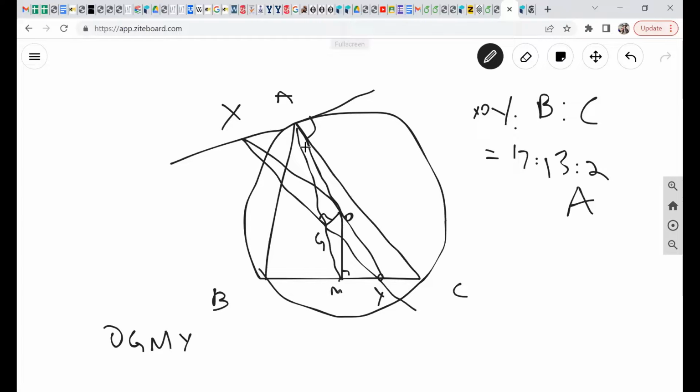And similarly, since this is a right angle and this right angle, OGXA is cyclic. So that means that this angle is equal to this. So that means that angle XYO is equal to angle AMO, and angle OXG is equal to angle OAG.